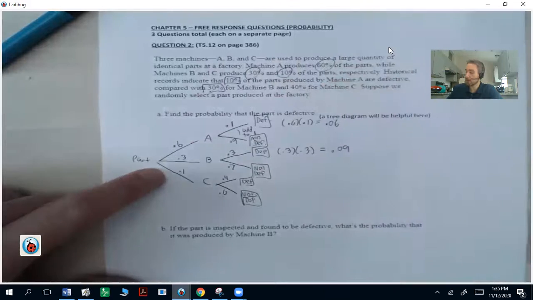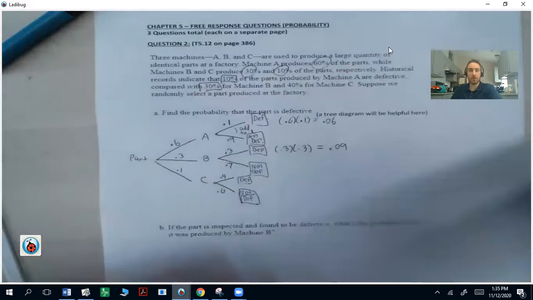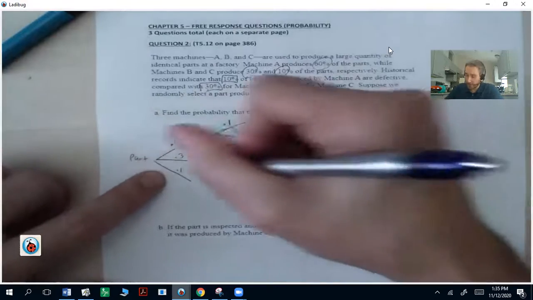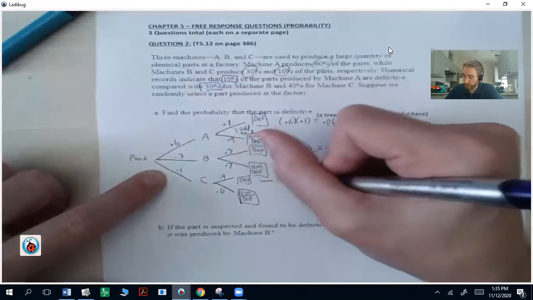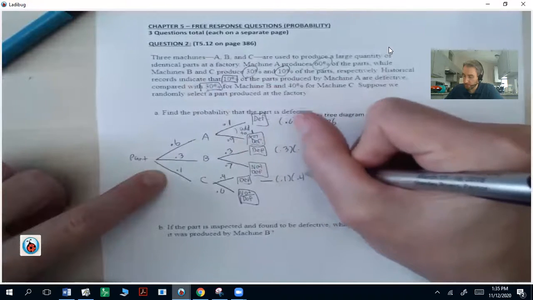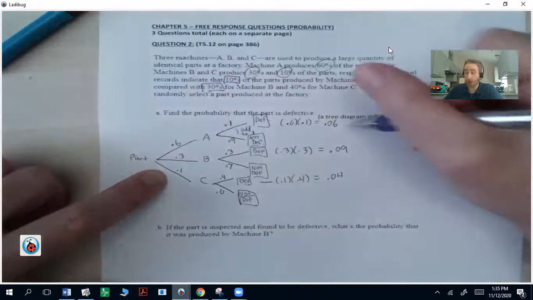I always have to second guess myself on those decimals. But yeah, it's 0.09. And the probability of being defective from machine C is 0.1 times 0.4. So that's going to be 0.04. So these are all your defective.